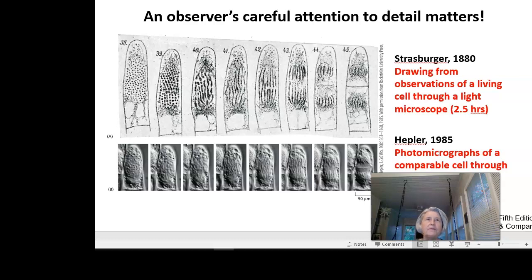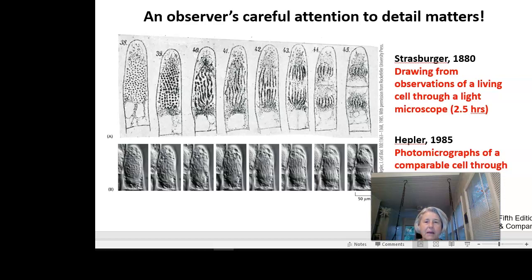So Strasburger, one of the early renowned cell biologists, observed living cells in the root of a plant, and he made these drawings over a period of time of 2.5 hours, looking at a particular cell as it was undergoing the process of mitosis. Remember, this was 1880. His microscope was not anything as advanced as what we have right now.